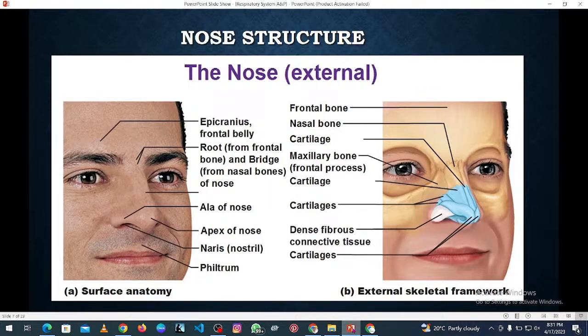Mostly emergency treatments. The emergency treatments that can always be done in the philtrum area. Let me say when someone has an asthma attack, we can always apply some eucalyptus or peppermint oil.